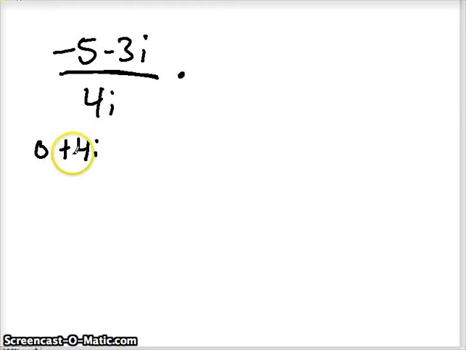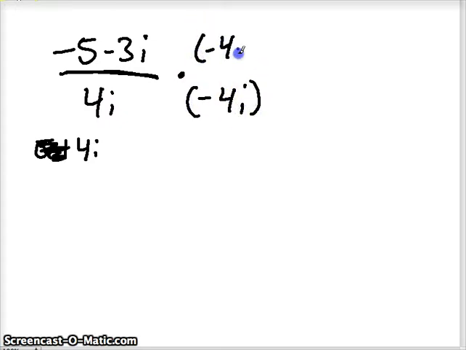There's the complex number, and sometimes they won't write the 0 in front because it doesn't make a difference. So the conjugate of that would just be 0 minus 4i, and we don't have to use that 0 either. So it's just always the opposite of whatever this is. That's the simpler way of thinking about it.